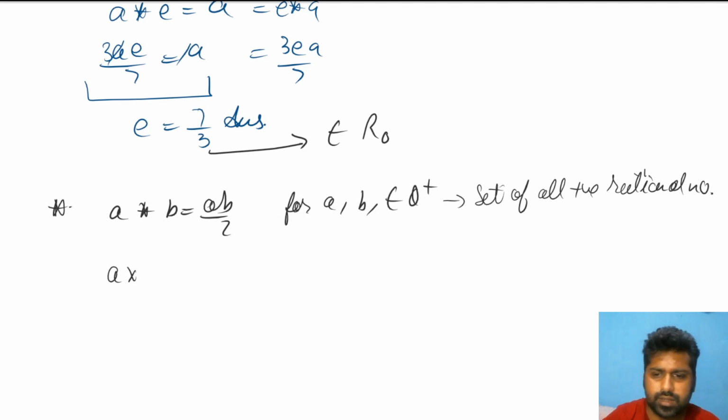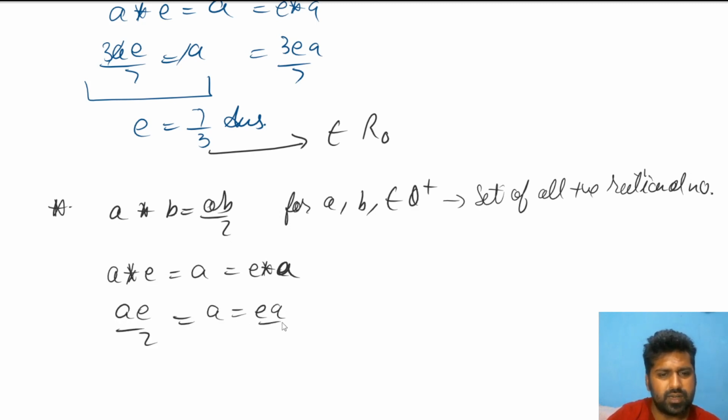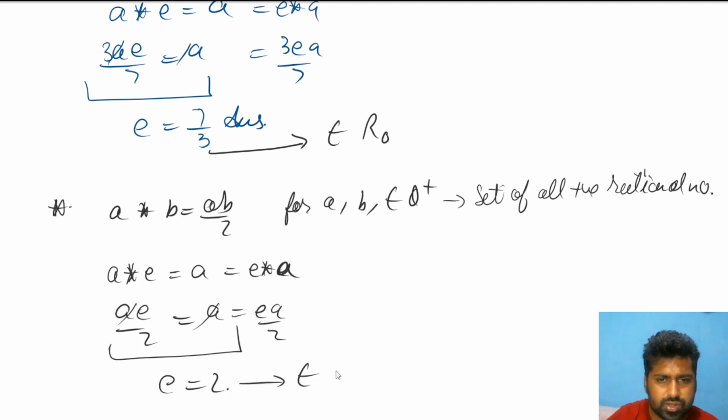In order to solve, again you need the basic definition of identity element, that is a star e is equal to a is equal to e star a. The operation is multiply them and divide by 2. So ae divided by 2 is equal to a is equal to ea divided by 2. Clearly first and last are same, so solve these two only. A cancel, e is 2. Now check whether this belongs to Q plus or not. Yes, so it's an identity element.